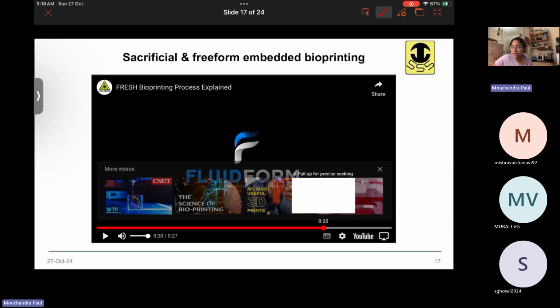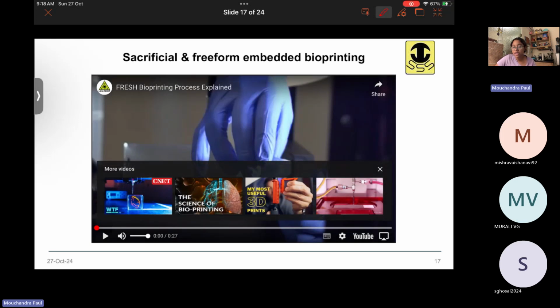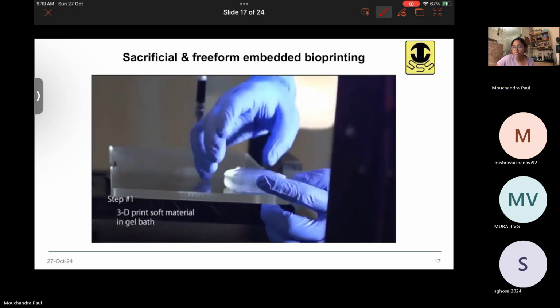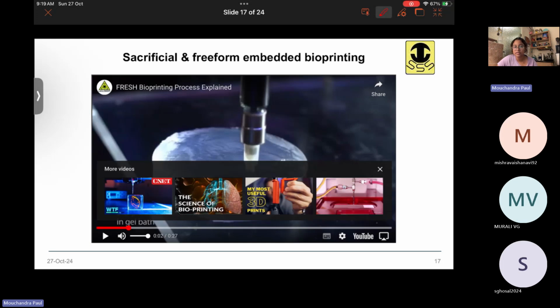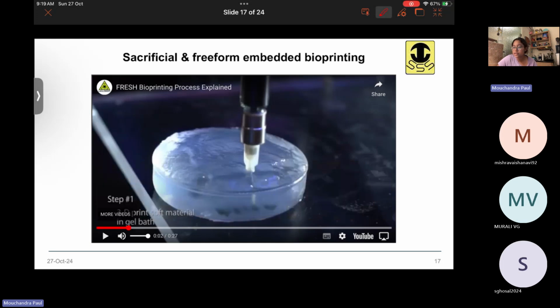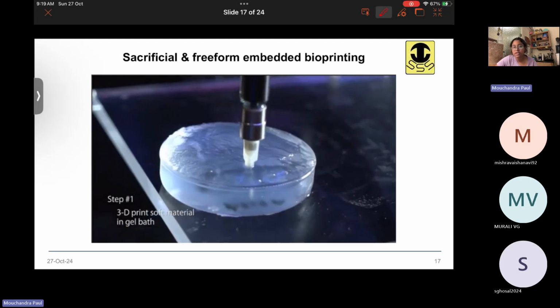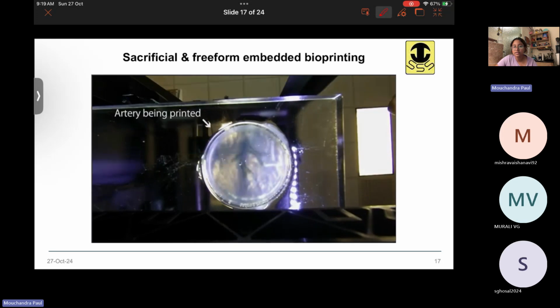So here, what he did, there's a support bath, as I told you. It's quite solid, because as you can see, it's like a thick solid. And inside it, the needle is translating, right? And it created a structure like artery channels.